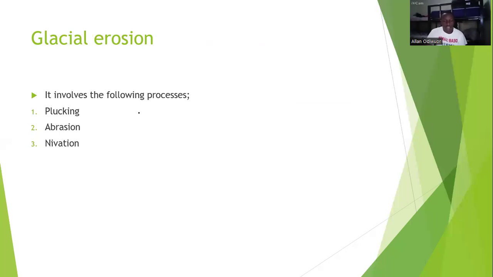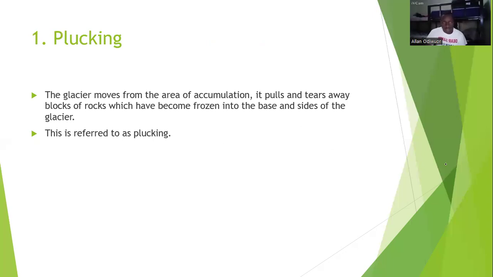It involves some processes: plucking, abrasion, and nivation. So, number one, plucking. Plucking, just as the name, it pulls and tears. So when glaciers move from the area of accumulation, they pull and tear away blocks of rocks which have become frozen into the base of the glacier.